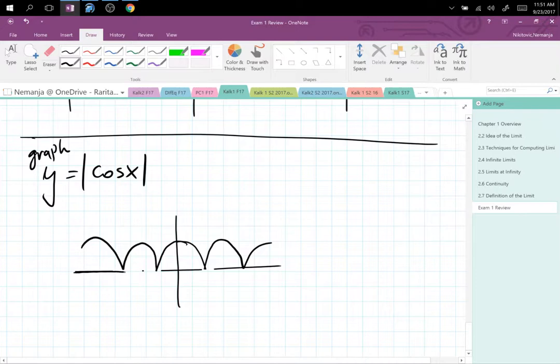And that takes care of the absolute value cosine graph. So this is where the 2 pi is. And this is where the negative 2 pi is. Nice.